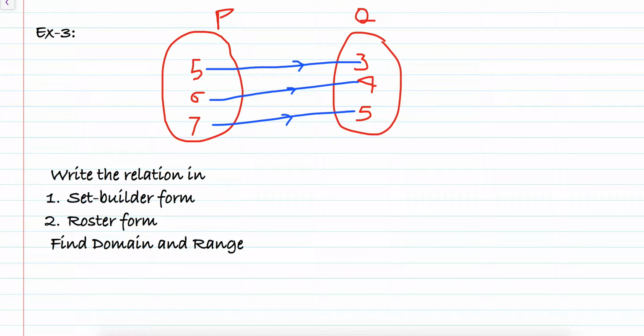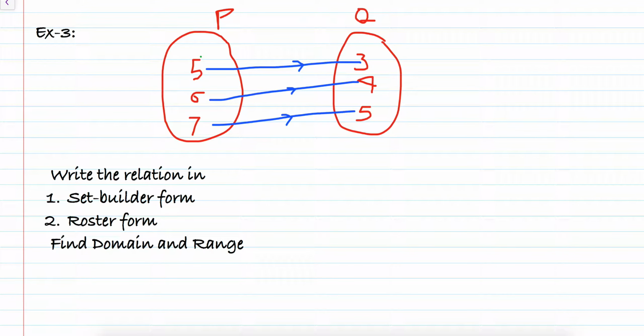So clearly we see that 5 is mapped to 3, 6 is mapped to 4, 7 is mapped to 5. So 3 is 2 less than 5. Here 4 also is 2 less than 6 and 5 also is 2 less than 7.